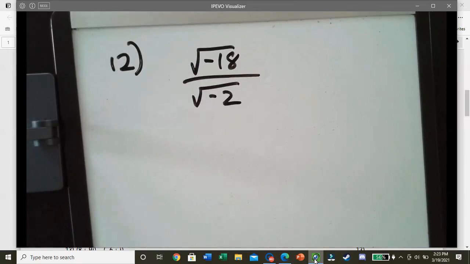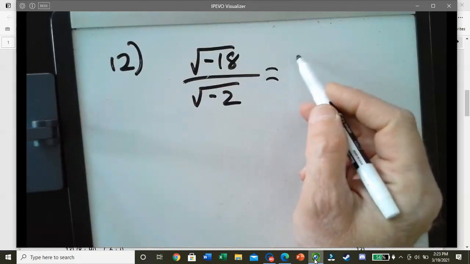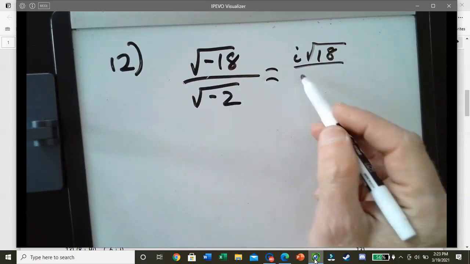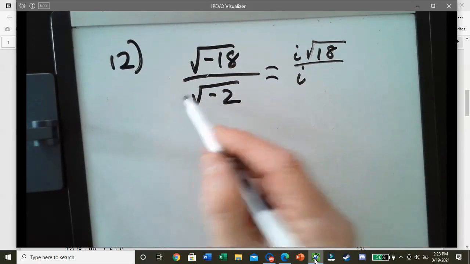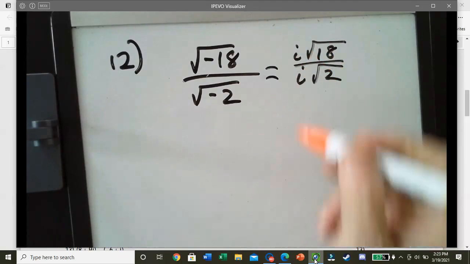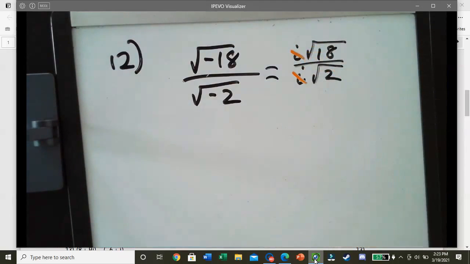So we already said the first thing we do is take that negative out, make it an i, right? So that's i square root 18 over i square root 2. Well, just like 2 over 2 cancels out, what about i over i? They cancel out too. Anything over itself cancels out to 1 except for what? 0 over 0, right?